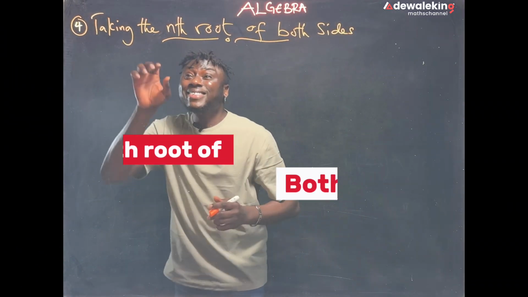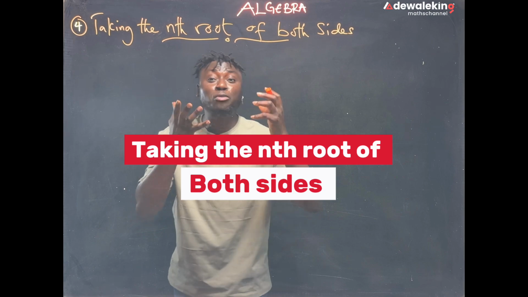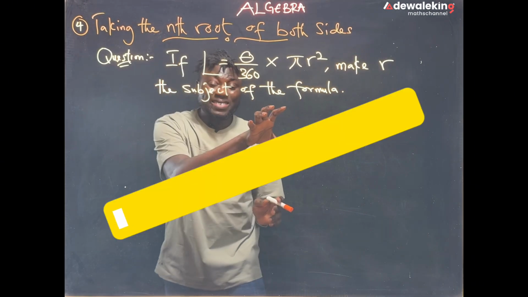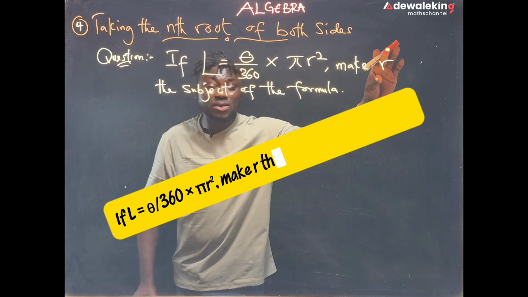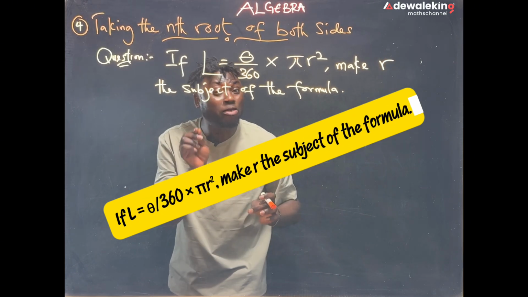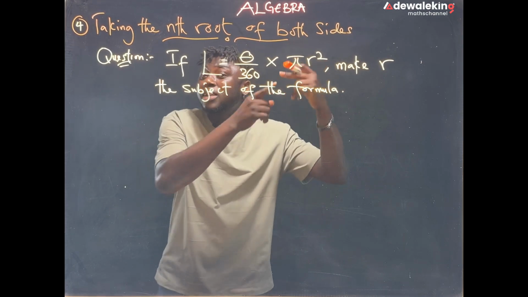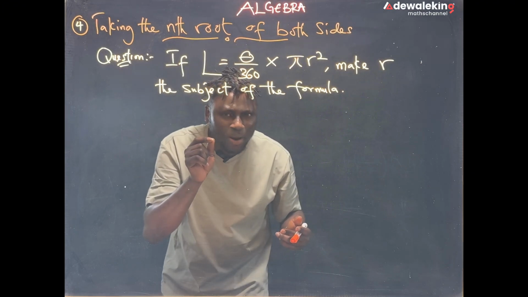4. Taking the nth root of both sides. If you are given a question like this, and you have to make r the subject of the formula, having known that this r is having a square, this is how to go about it.